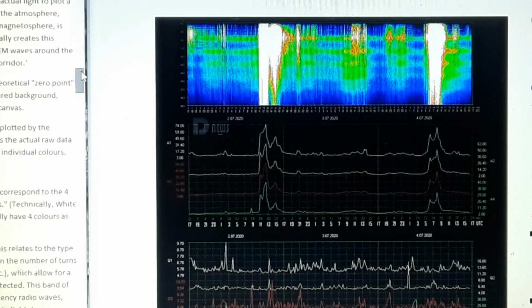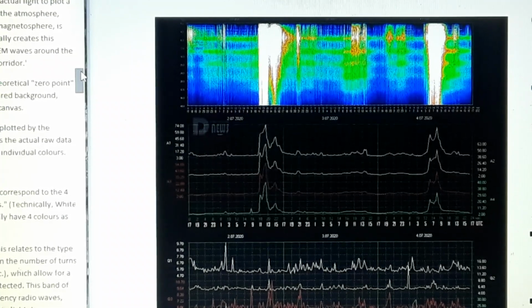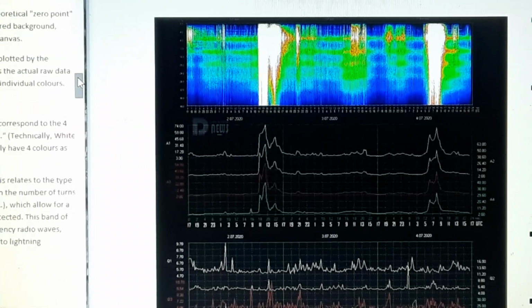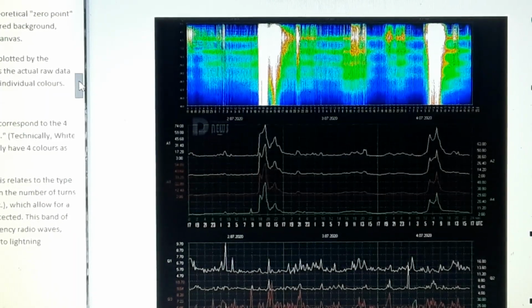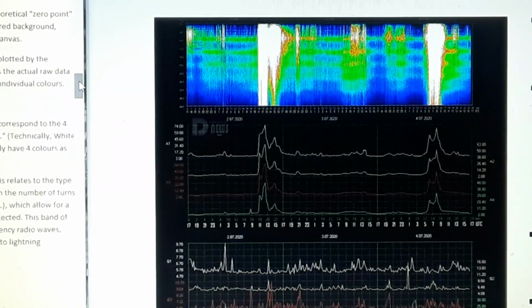An at-rest state of fair weather is our theoretical 0 point, which starts as the navy, the dark blue background, and above it is stated as an interactive canvas. Upon this canvas gets plotted the information of the 12 dependencies. This is the actual raw data, which is graphed by the line graphs of the 4 individual colors, which are the 4 individual modes.